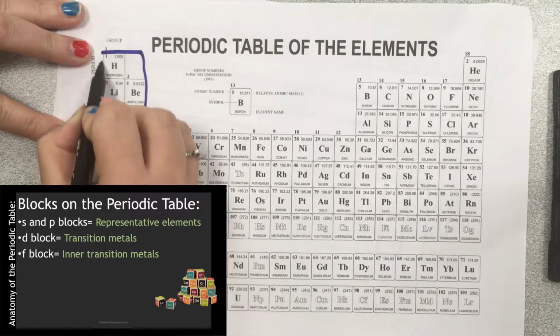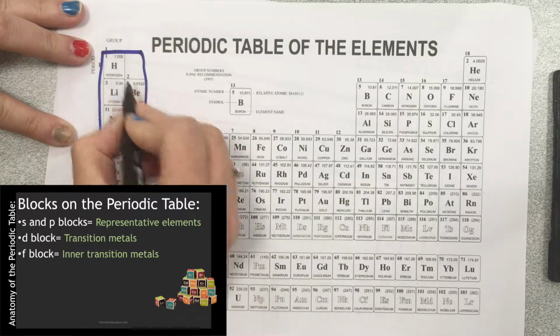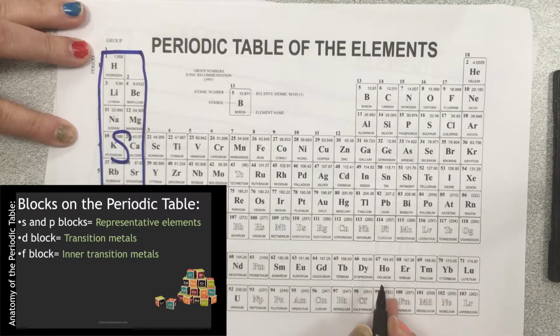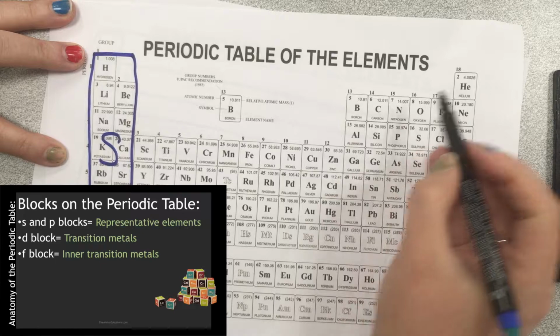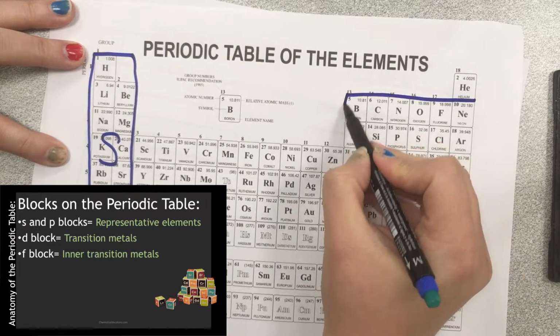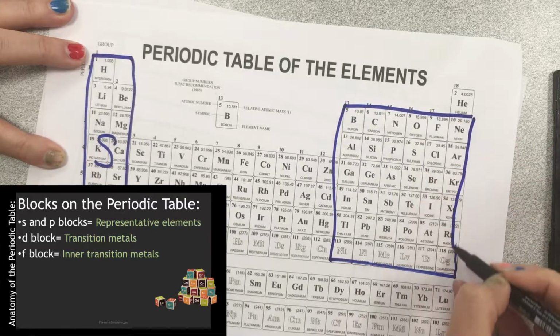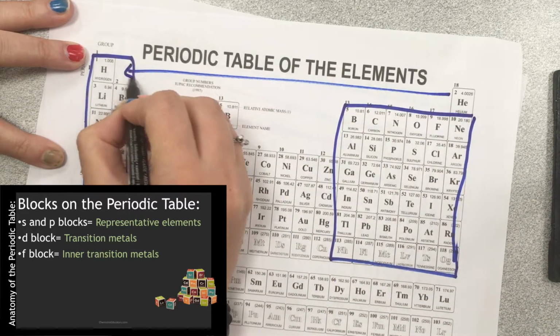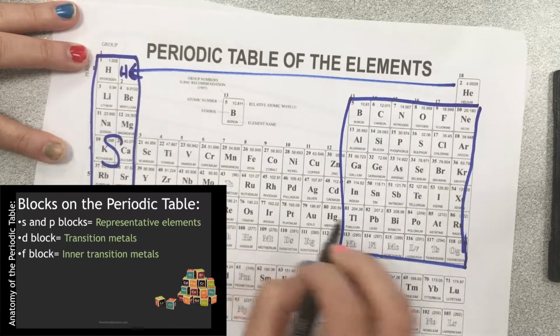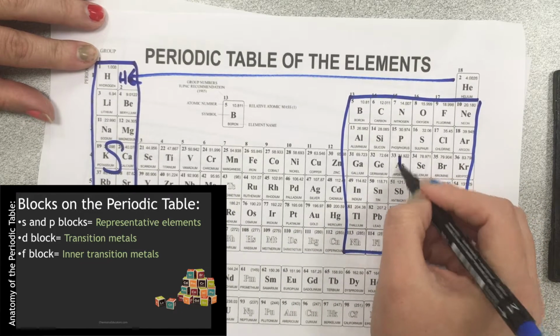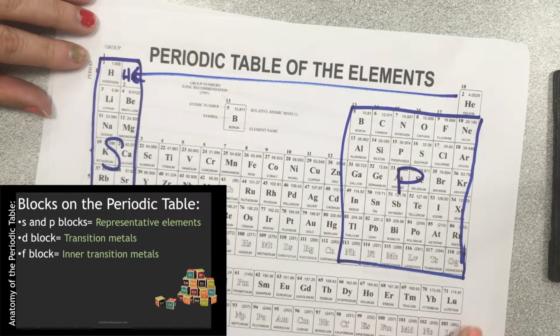This whole chunk of the periodic table, we consider that the S block, okay? And then the P block, this is considered the P block right here. Keep in mind helium kind of goes over here, okay? So that's helium.